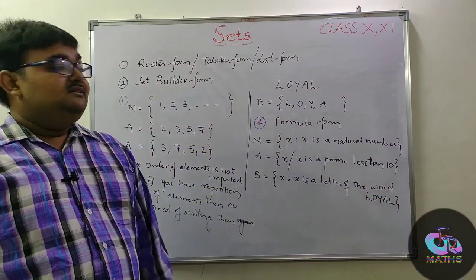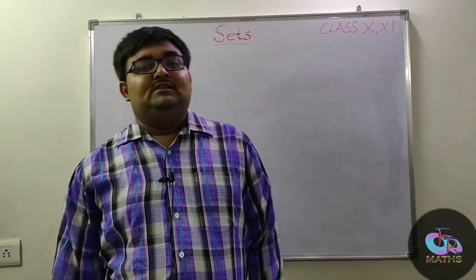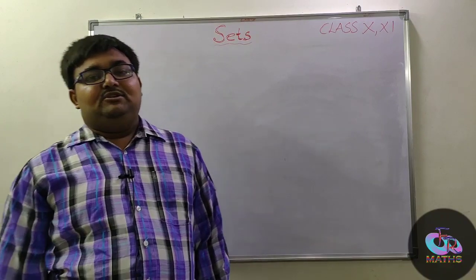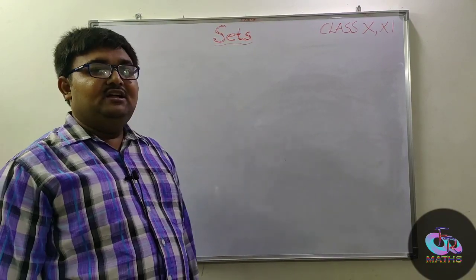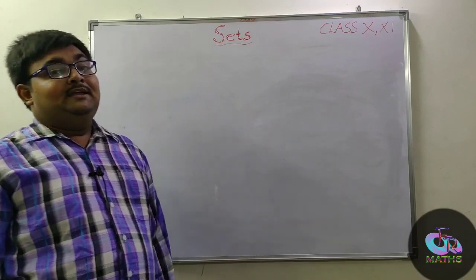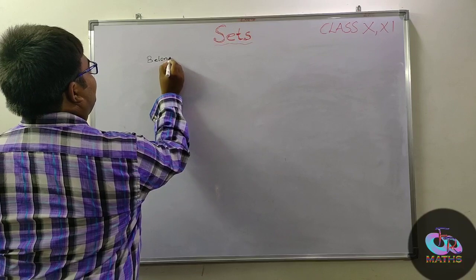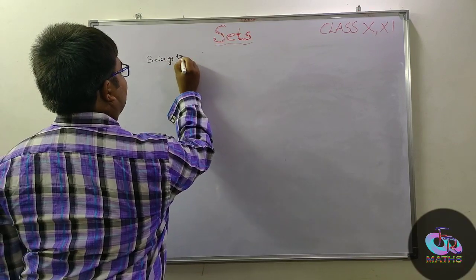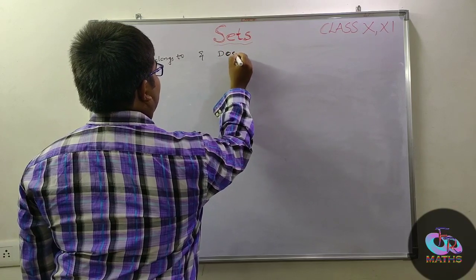So this is nothing but the set builder form of this particular loyal. So we have discussed the forms of representation of a set. Now let us see the concept of belongs to and does not belong to.